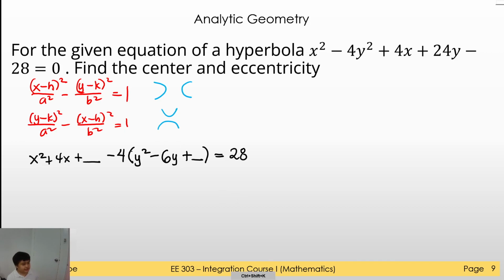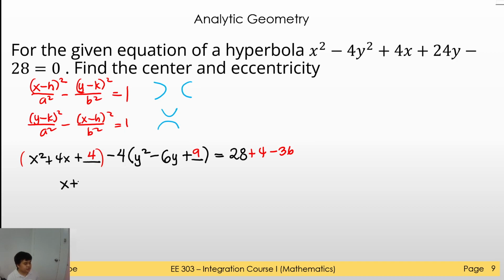Okay, so completing the square. We can add 4 here directly since we do not have a coefficient. And for this one, we have to add 9 here, therefore we have to multiply this by negative 4, so we have to subtract 9 times 4, which is 36.